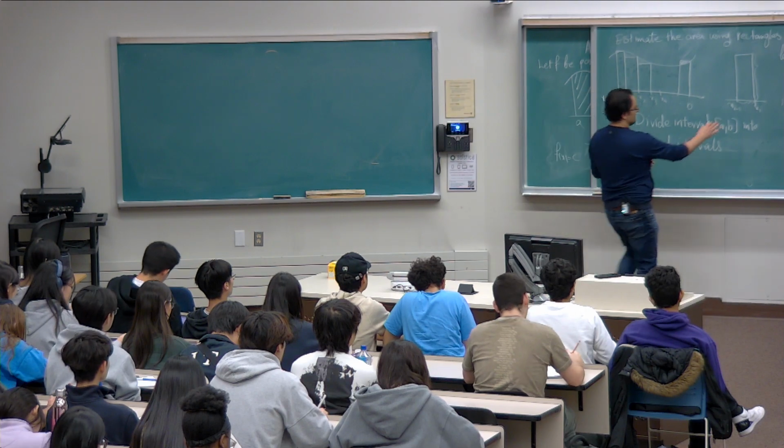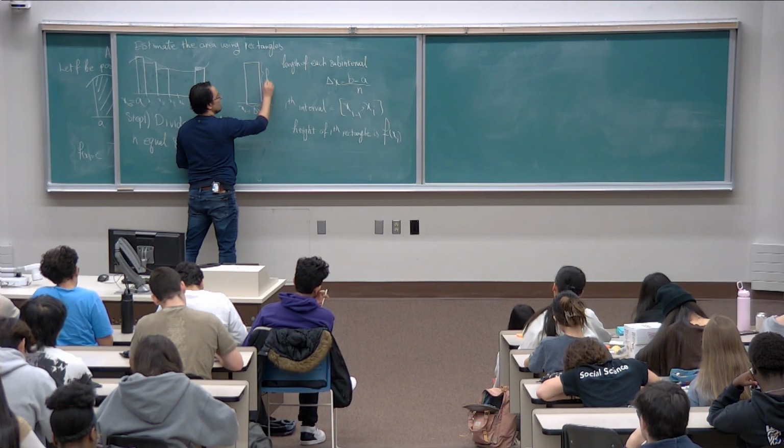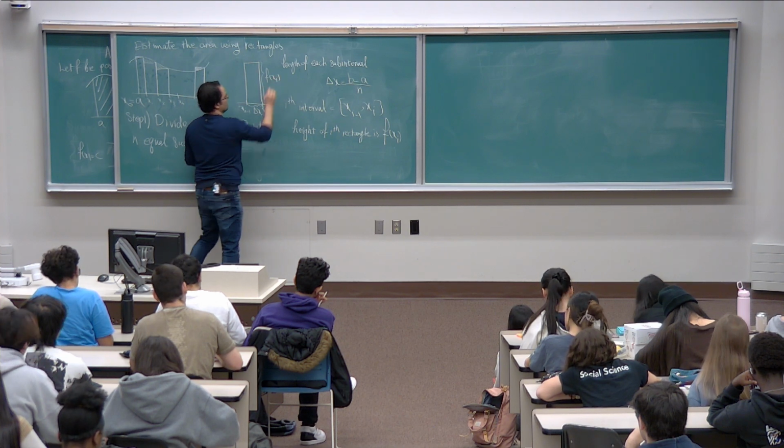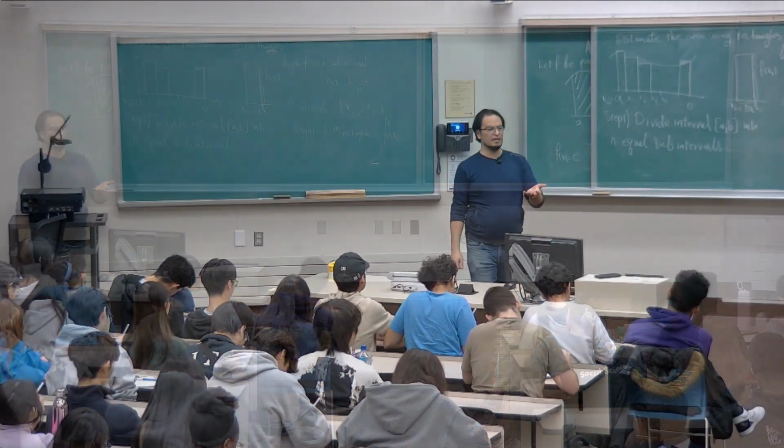So the width is delta x, the height is f at xi. Then I can find the area.